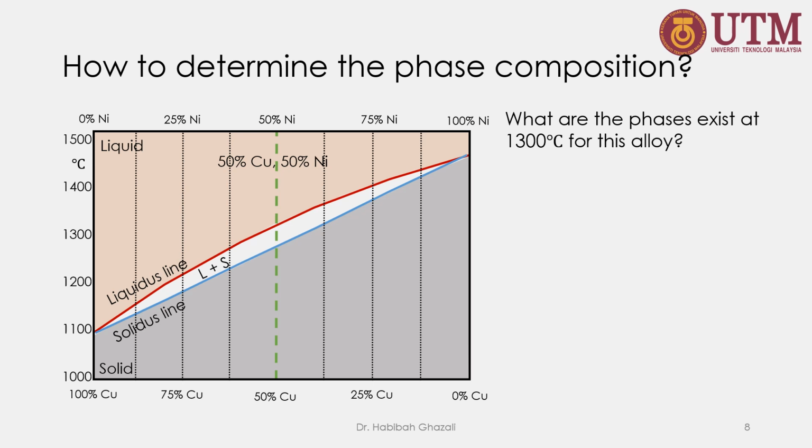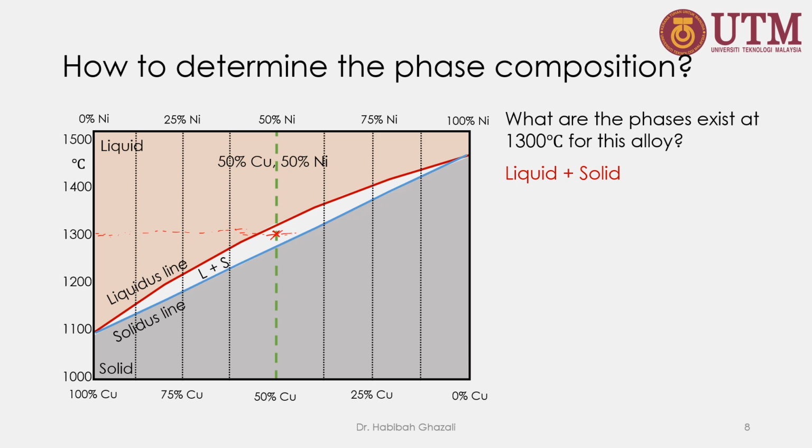The way to do that is to draw a horizontal line from 1300 degrees Celsius on the y-axis, passing through this alloy line. So we are talking about that point there. That is the condition that I'm talking about. At 1300 degrees Celsius, what are the phases that exist at this point?